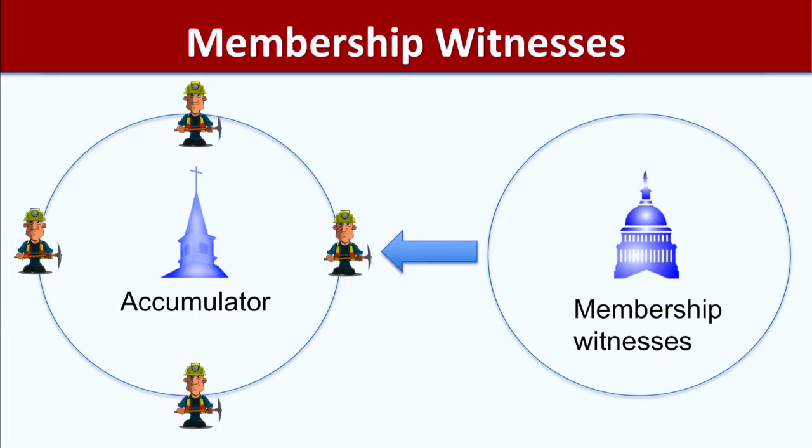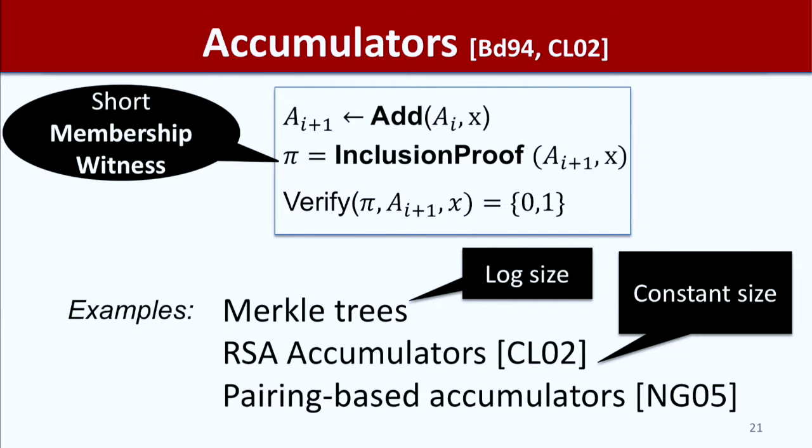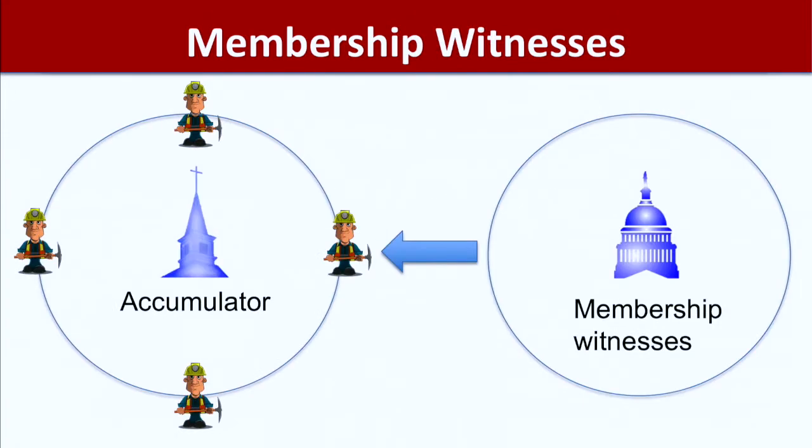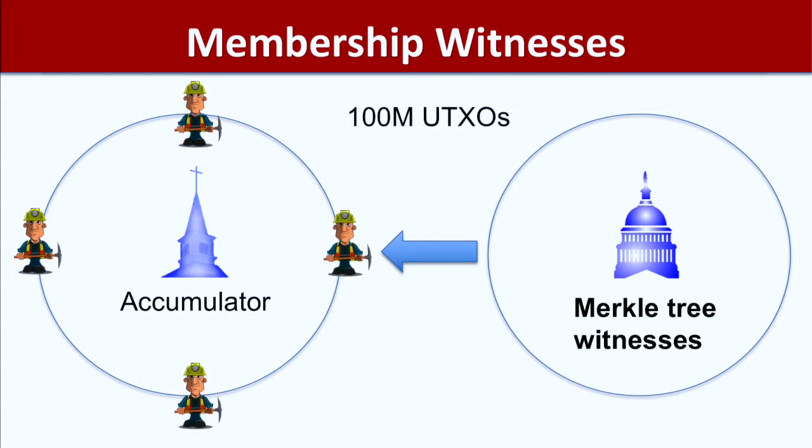If you're storing a transaction output, you need to store its membership witness, and when you create a transaction that references some transaction outputs, and you want to prove to the miners who do not have that in their memory and are only storing the accumulator state, then you would give these membership witnesses to the miners who are storing the accumulator state, and they would be able to verify it using the aforementioned verification algorithm.